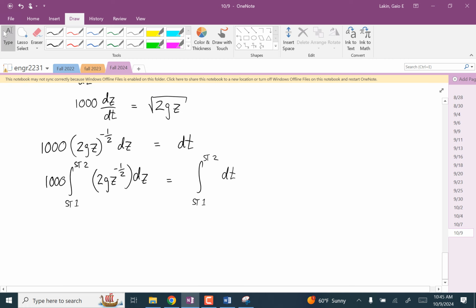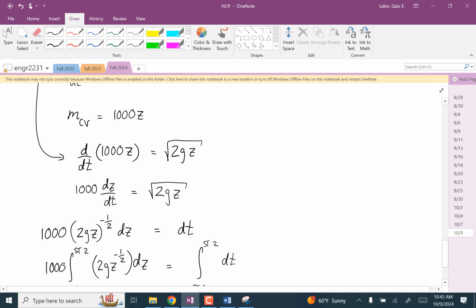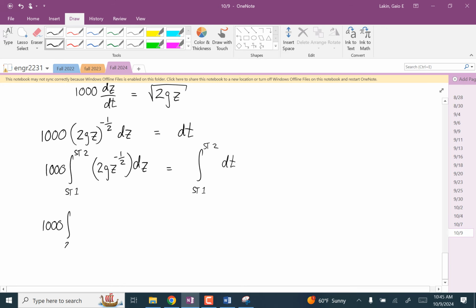So I'm going to rewrite this as, well, we know the starting and ending heights here, so this is from 2.5 to 0.9. And this is for all of these. That was just an algebra mistake there.